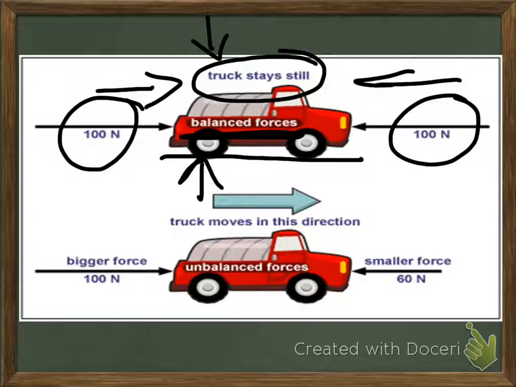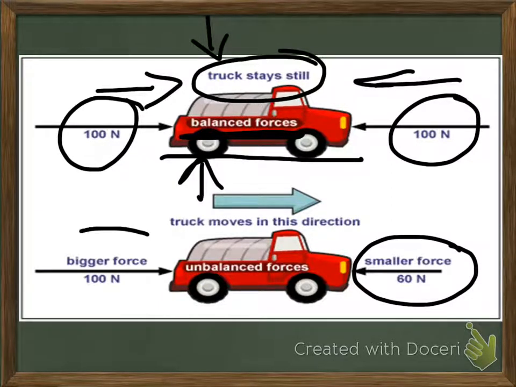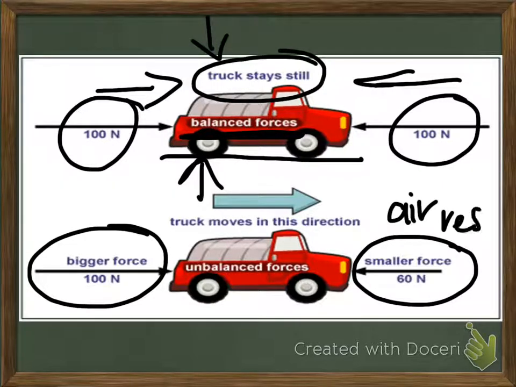In the second picture, this is obviously where an unbalanced force has acted on the truck. So you can see here at the front, 60 newtons, a much smaller force. This could be, for example, air resistance. And then at the back, you've got a 100 newton force, and that could be, say, thrust.